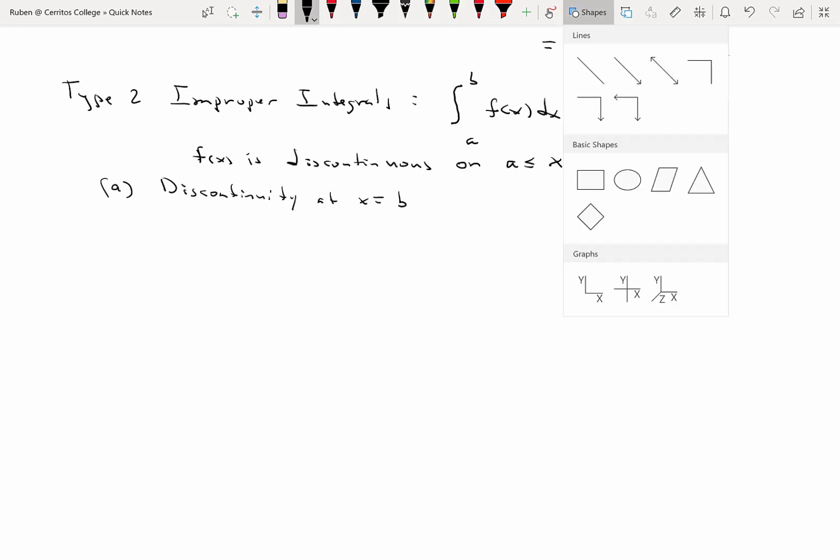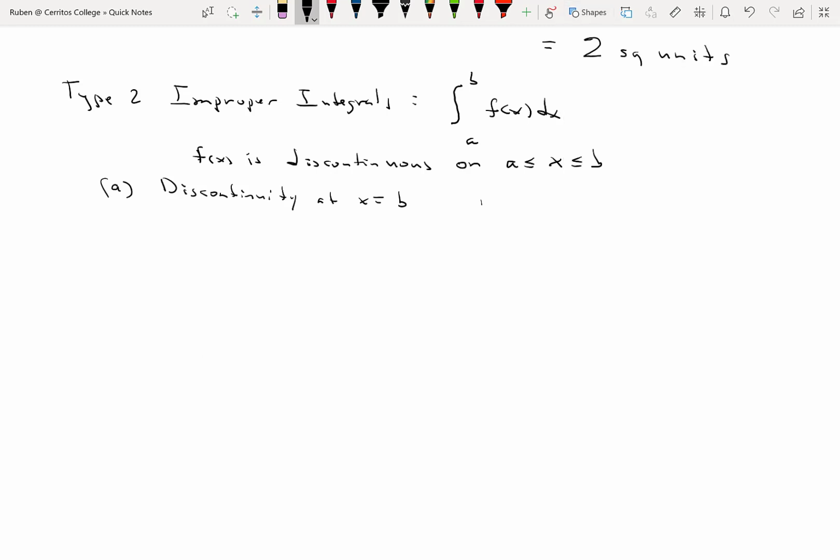So what that means graphically is this. We have some function. The function is considered between a and b, but the function has some sort of discontinuity at the right-hand endpoint of our interval of integration.